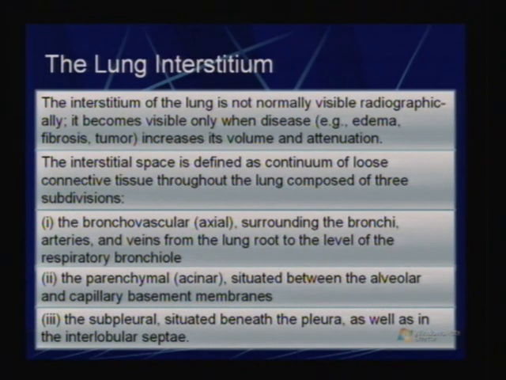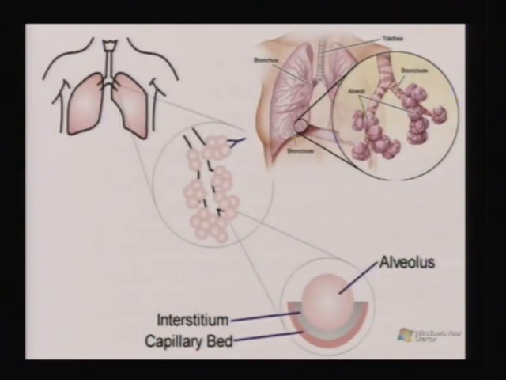So in most interstitial diseases, when we are trying to see them on radiology, you will either be looking at the bronchovascular area in the central region, or the interstitium near the parenchymal structure, or the subpleural space and the smallest subdivision, the secondary pulmonary lobule, and the septa which define these lobules. In those areas you are going to look for evidence of disease.